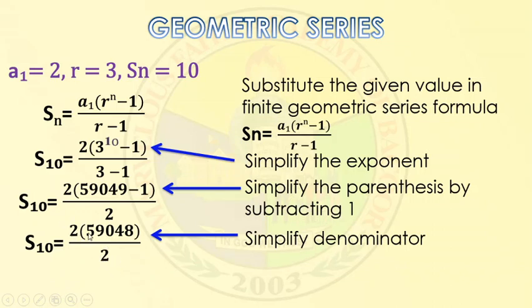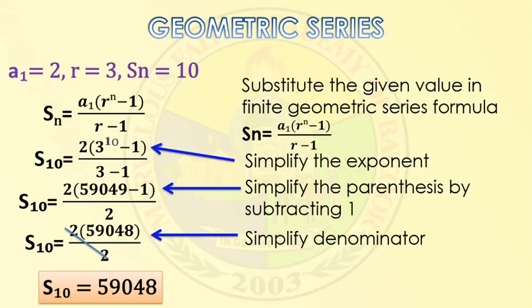Or kapag hindi sila pareho, ang gagawin ay i-multiply muna yung number sa loob ng parenthesis and then saka natin i-divide. Yun ay kapag hindi pareho ng number sa labas at yung denominator natin. Kasi dito, 2 over 2, since they are the same, pwede na natin yung i-cancel out. At ang maiiwan na sagot natin dyan, para sa sum ng first 10 terms sa ating sequence, is 59,048.